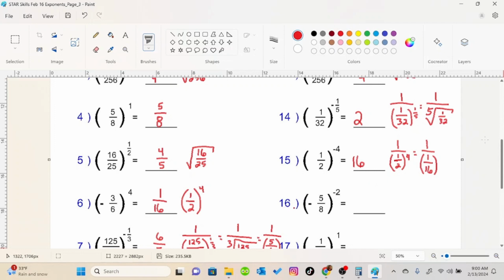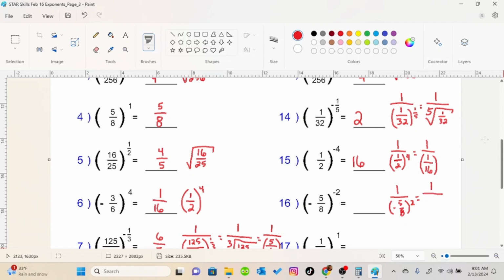Number 16. Negative 5/8 to the power of negative 2. The negative exponent means 1 over negative 5/8 squared. A negative raised to an even power becomes positive.